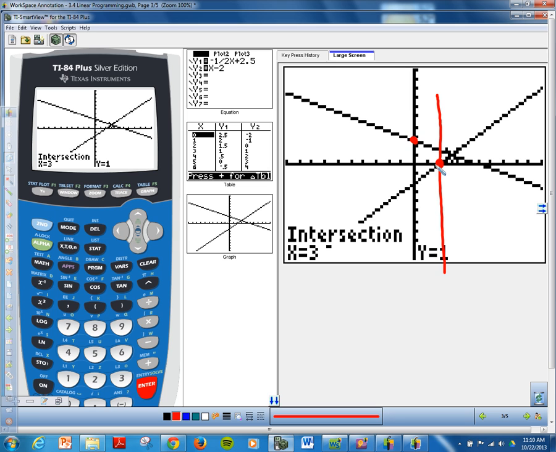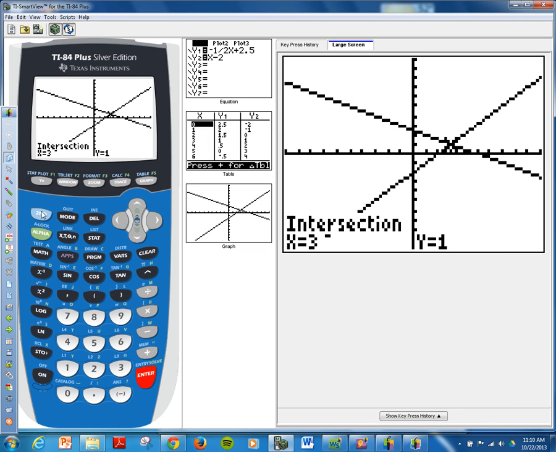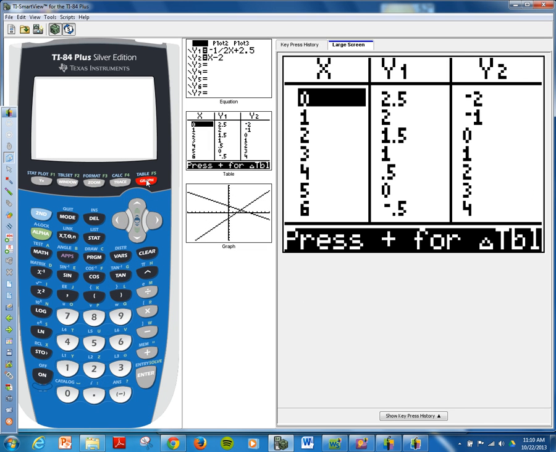So remember we looked at the table? If you go second table, let's look at that real quick.